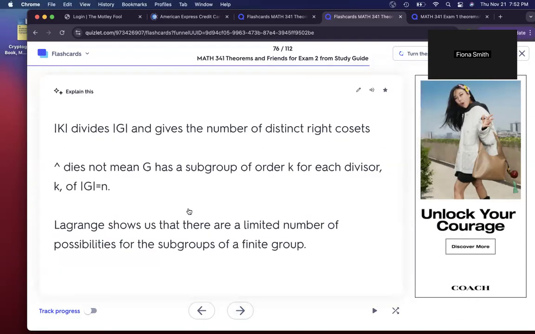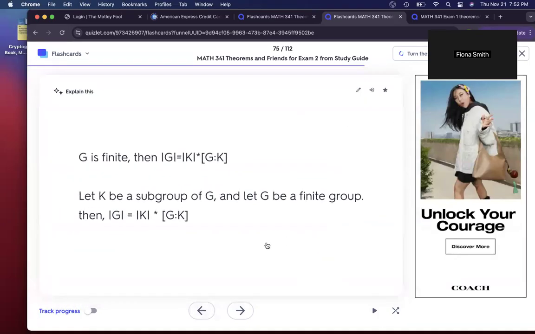This implies a few things. Order of K divides order of G and gives the number of distinct right cosets. By our definition of divisor, something equals K times Q plus remainder of 0.